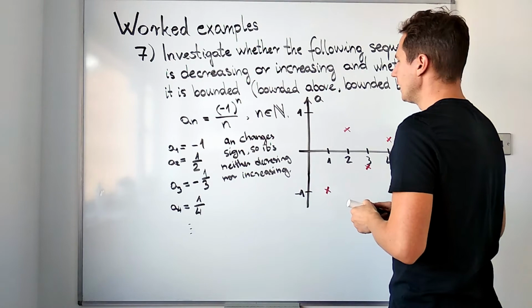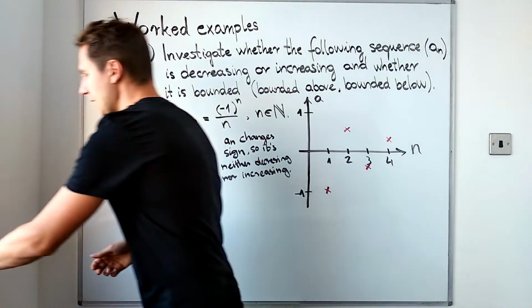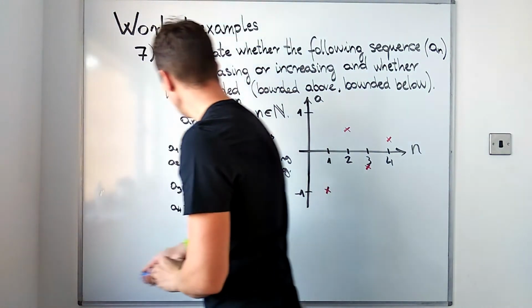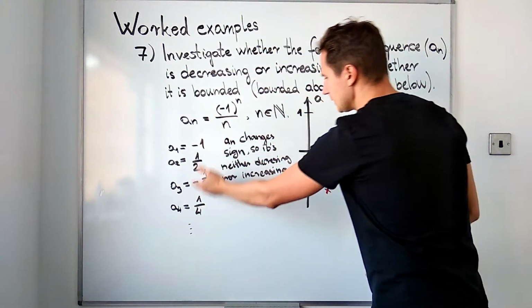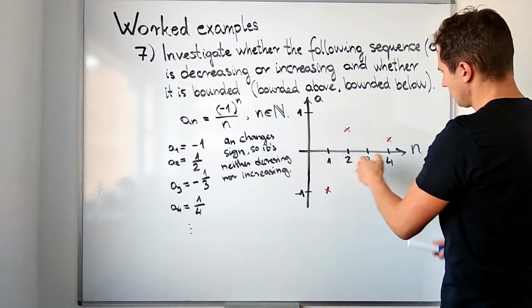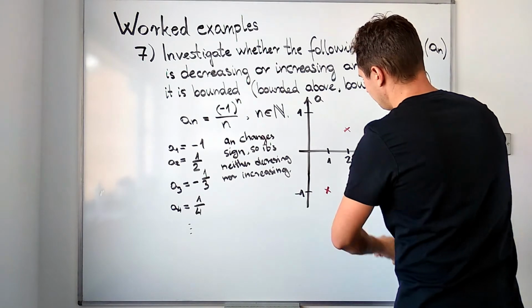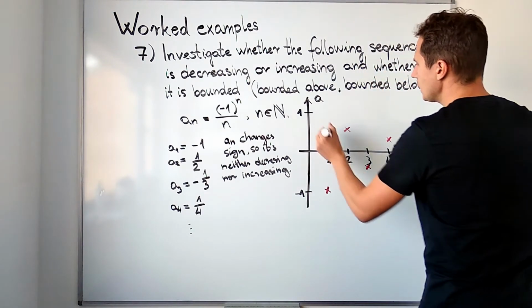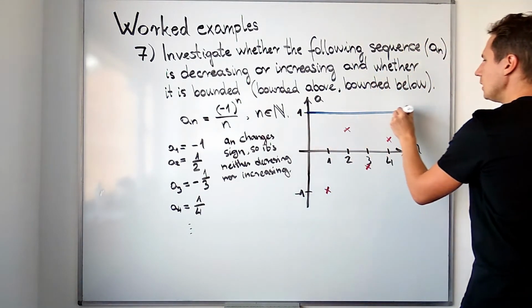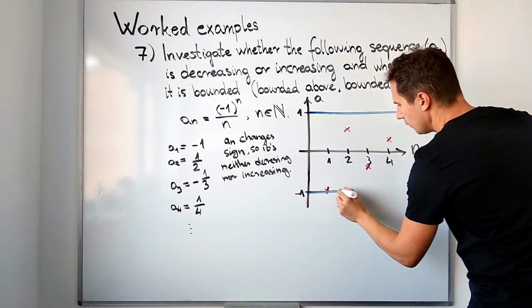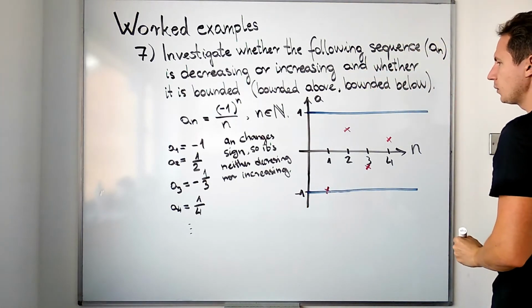What about boundedness? Well, for that we can say something for certain. You can already see from either the list of terms in the sequence or the plot that the terms in the sequence will be between -1 and +1.